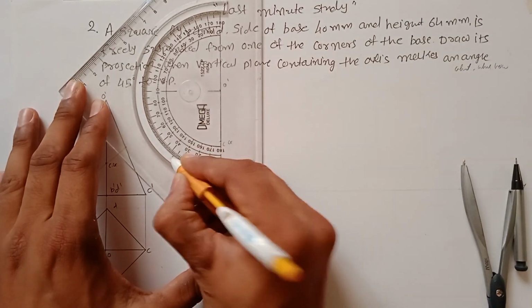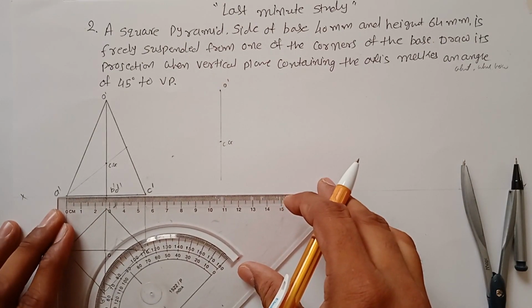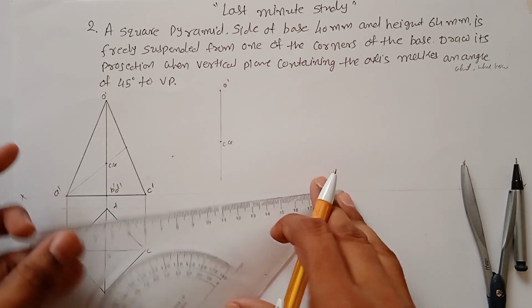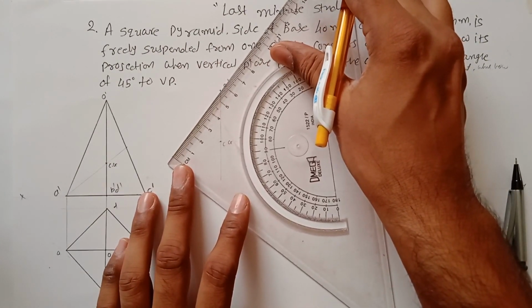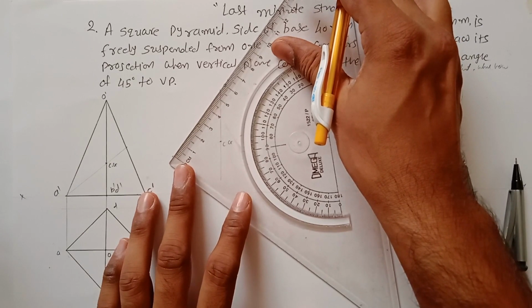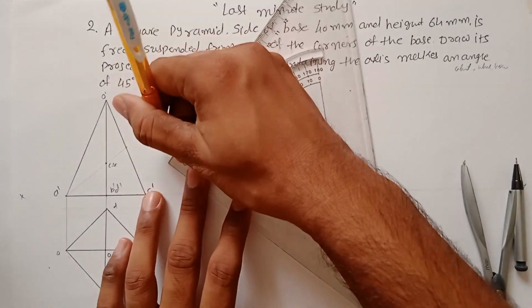This is your point, and this distance you have to measure, which is 5.5. So you have to draw a line at an angle of 37, and the length is 5.5 cm, or 55 mm.